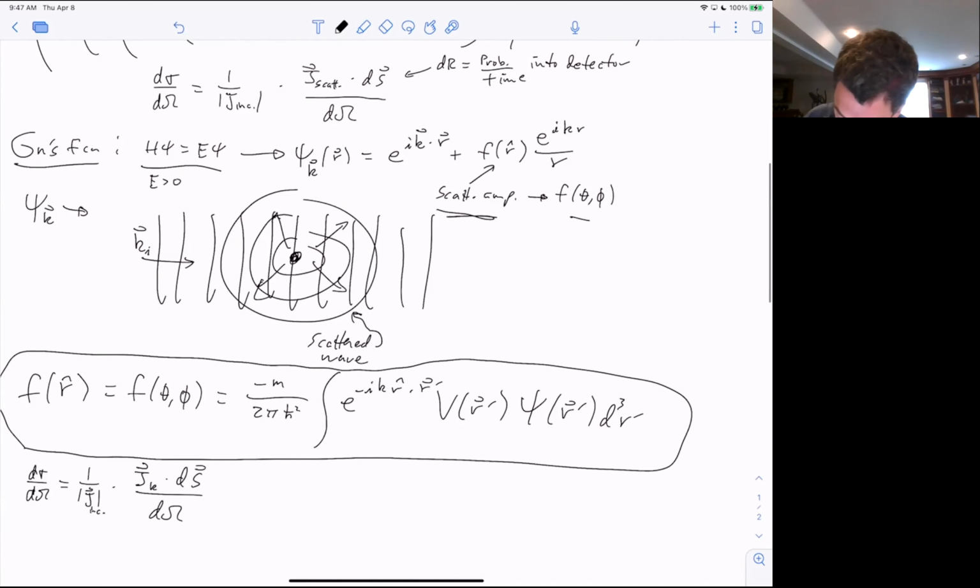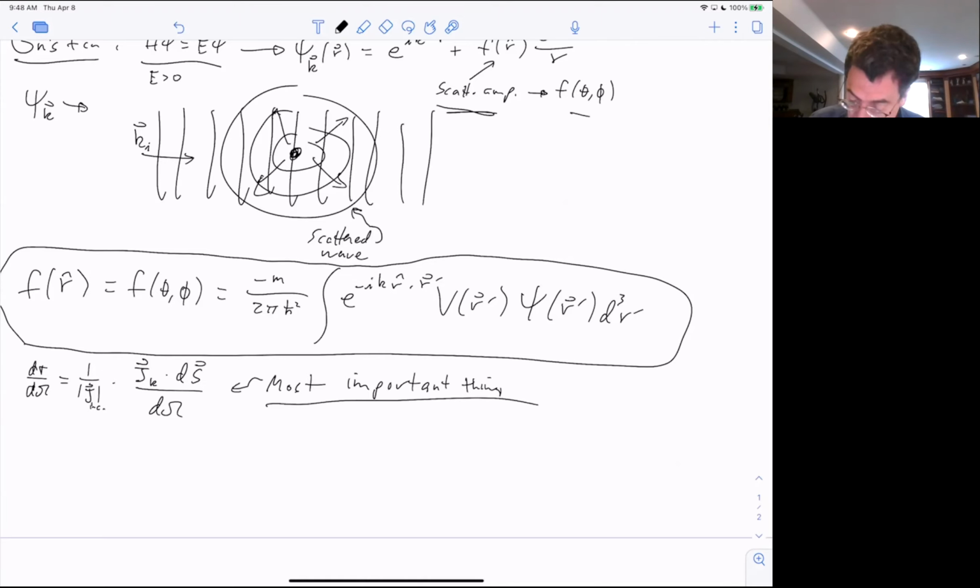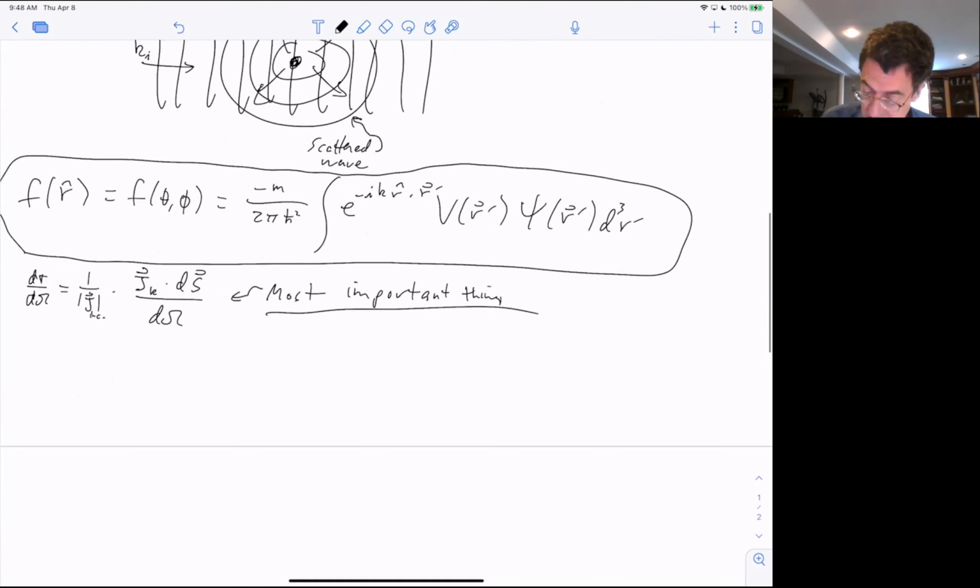This is the most important thing that we want to figure out, because that's what tells us what's going to happen in an experiment. The differential cross-section literally tells us how many particles are going to go into our detector. That's the information we want from quantum mechanics. So let's use our newfound knowledge to calculate the differential cross-section.